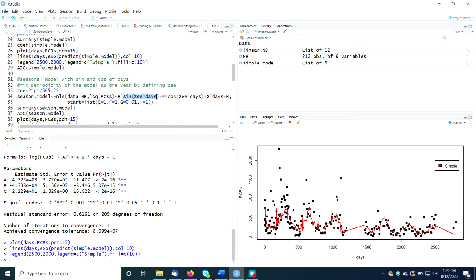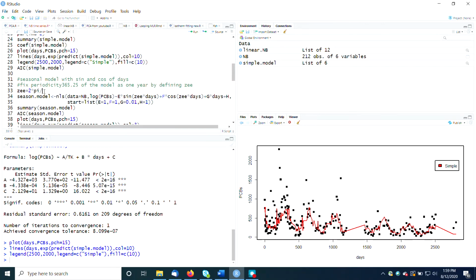Okay, so here's z. Z is defined as 2 times pi divided by 365.25. And what that's saying is that this fixes the periodicity as 1 year. You get 1 maximum and 1 minimum per year. Okay, that's what the 2 pi is for. If you just had a pi, a sine curve normally would give you 2 maxima. And the 365 obviously sets it to days, 365 days. So that sets your periodicity.